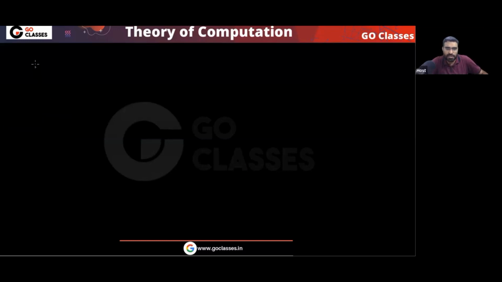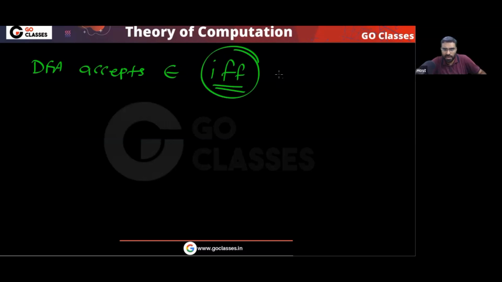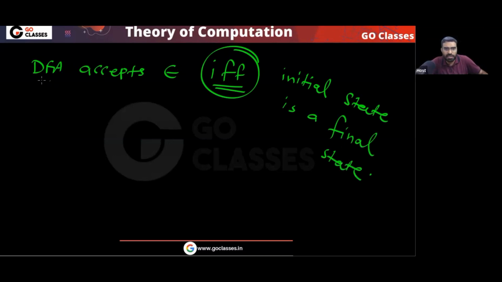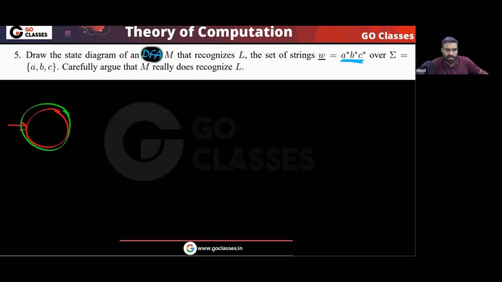I told you that a DFA accepts the empty string if and only if the initial state is a final state. Yes or no? So very simple. So this is the idea. You can see this initial state should be a final state so that you can accept the empty string.